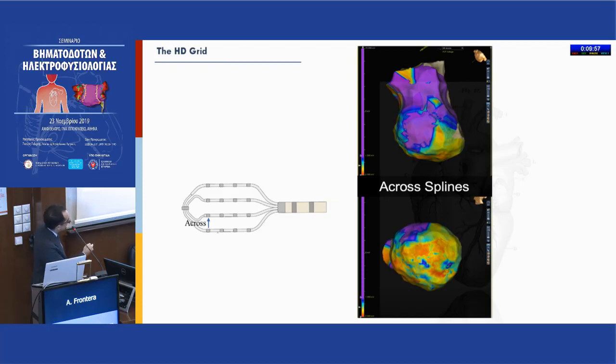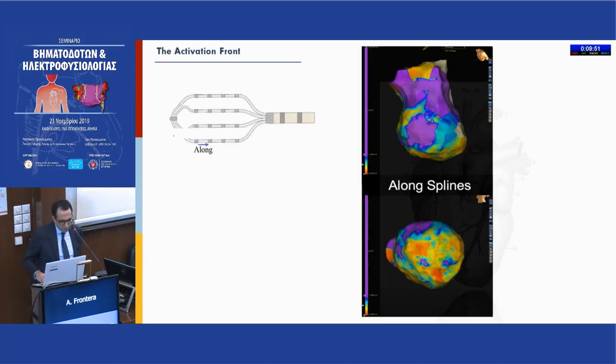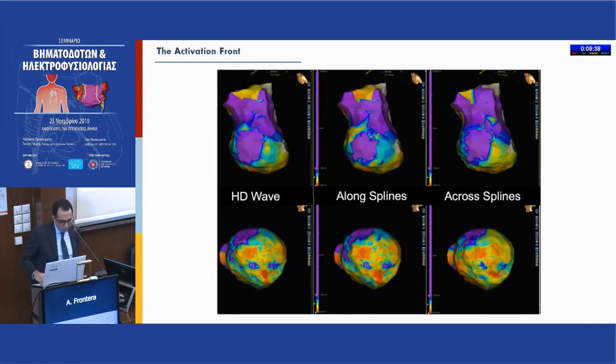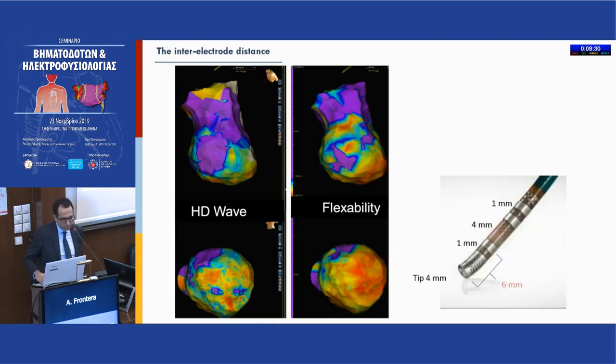You can have this one, so you see there is a really extended area of scar. Then you have another one, same patient along the spline, just an acquisition made in this sense of the spline, and then with the algorithm present in this system. And when you compare all three, you can tell the scar is really different. So it's very important to use the correct mapping catheter.